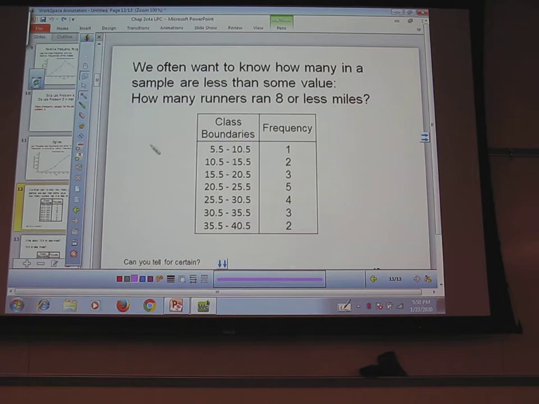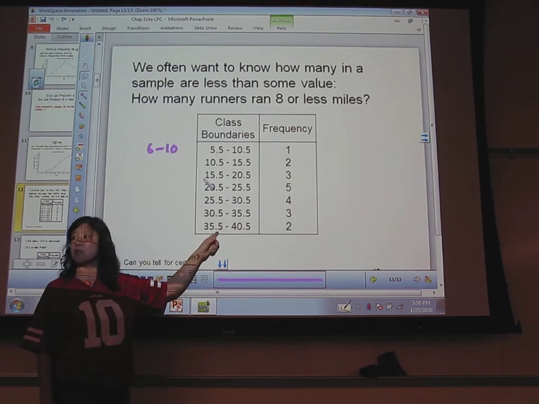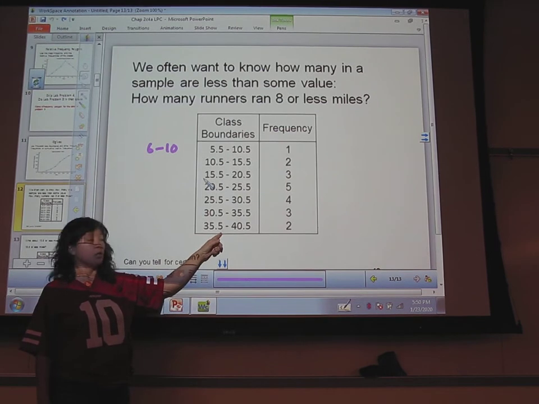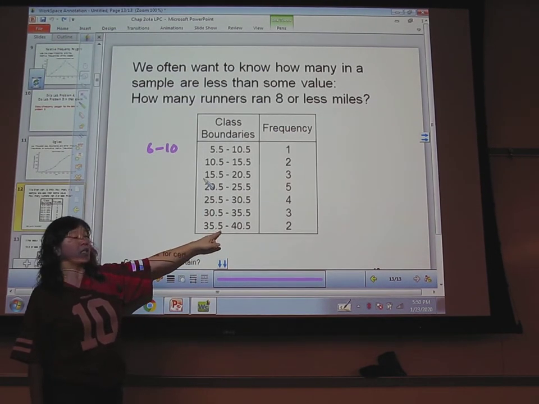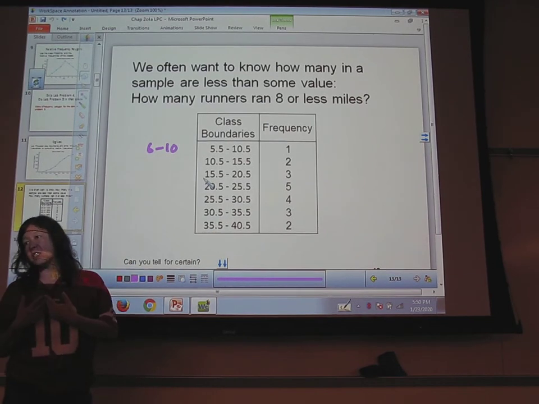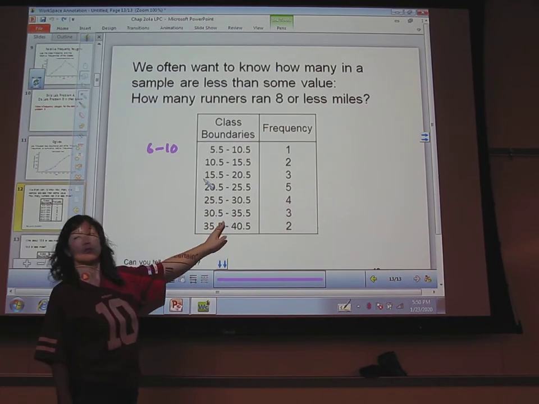These are the boundaries. So the boundaries would go as 6. How do I know that? Remember, my boundaries are always 1 more decimal place than my real data is in. So if my boundaries have 1 decimal place, my data has how many decimal places? None, 0. So my data would be in whole numbers.